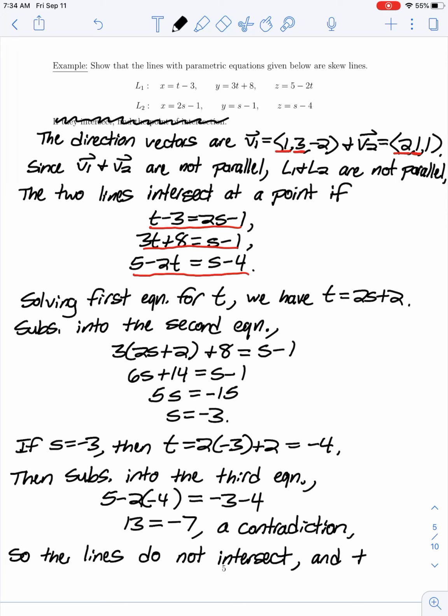And so we can say they are, therefore, skew lines. So this is what we wanted to show for that problem, that these two lines are skew, which by definition means that they are not intersecting and they are not parallel to one another.